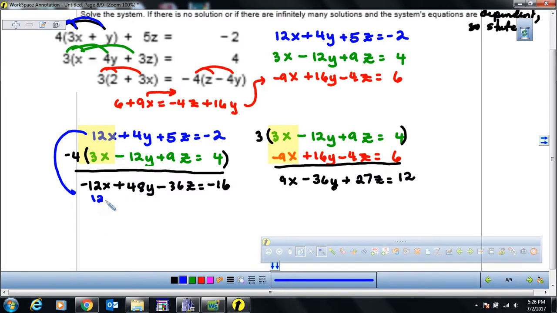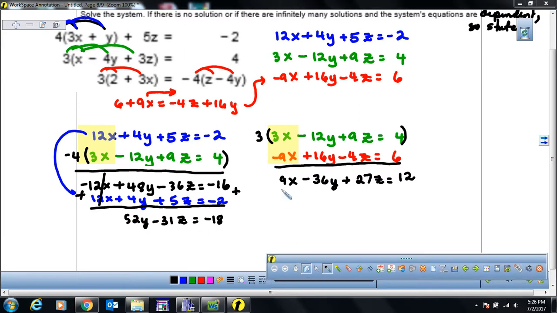So we're going to add it to 12x plus 4y plus 5z equals negative 2. Whenever I add it to this one, it's going to give us 0 for the x, then 52 for the y, then negative 31 for the z, and that equals negative 18 on the other side.